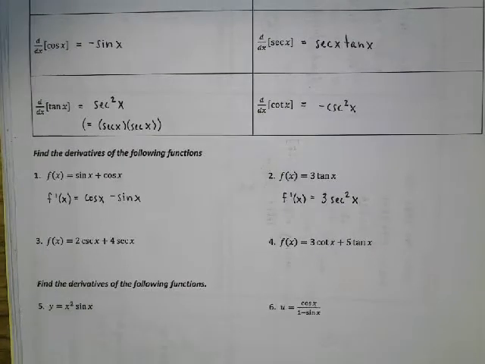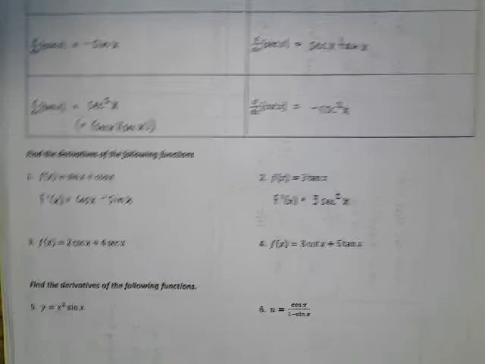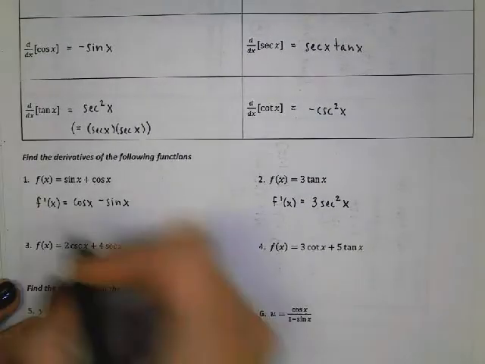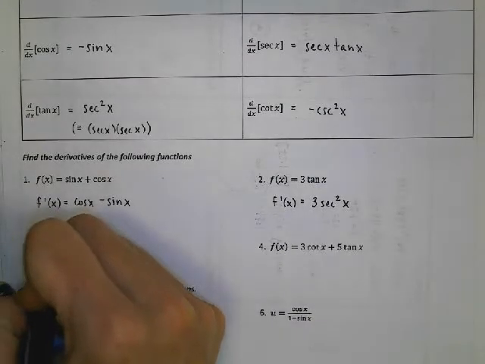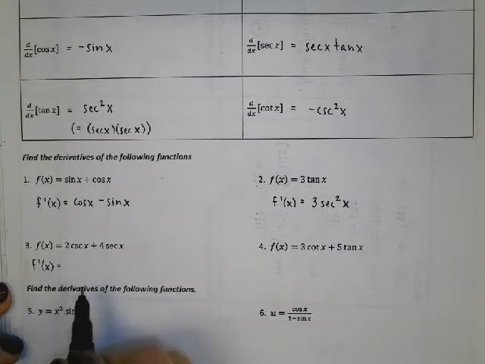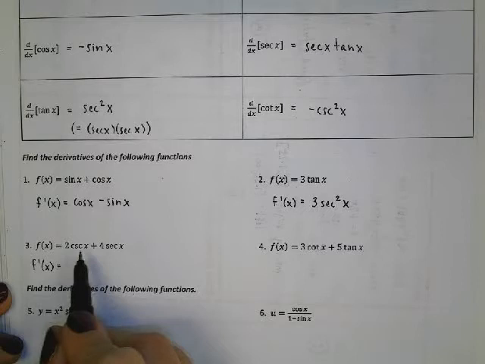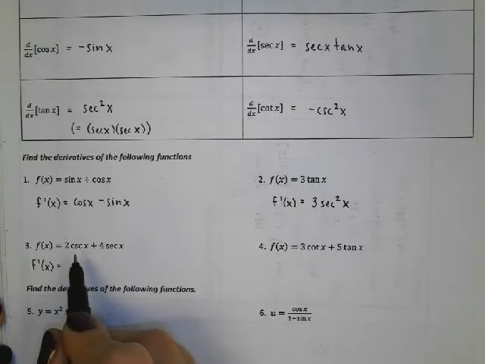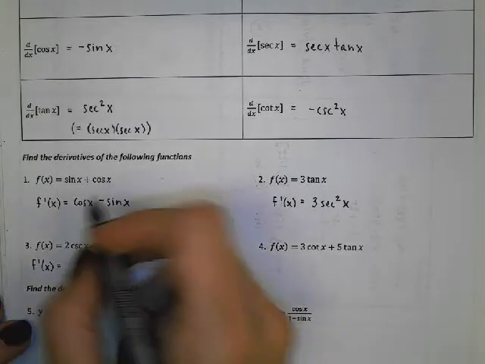Okay, for number 3, here again I have 2 terms in my function that I need to differentiate, but each of those terms again is just a constant times a function. So for my first derivative, I'm going to take my constant 2 times the derivative of cosecant of x, which I know is going to be the opposite of cosecant of x times cotangent of x.